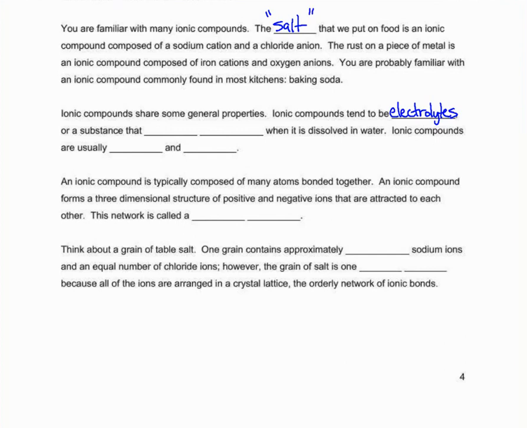What it means in chemistry is more general. An ionic compound tends to be an electrolyte, or a substance that conducts electricity when dissolved in water.